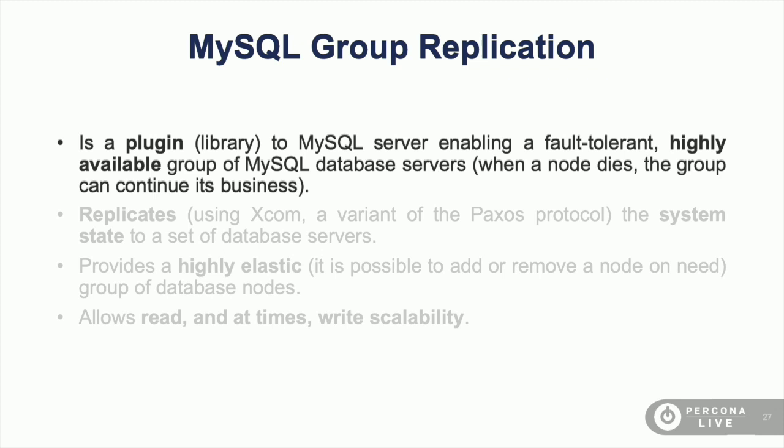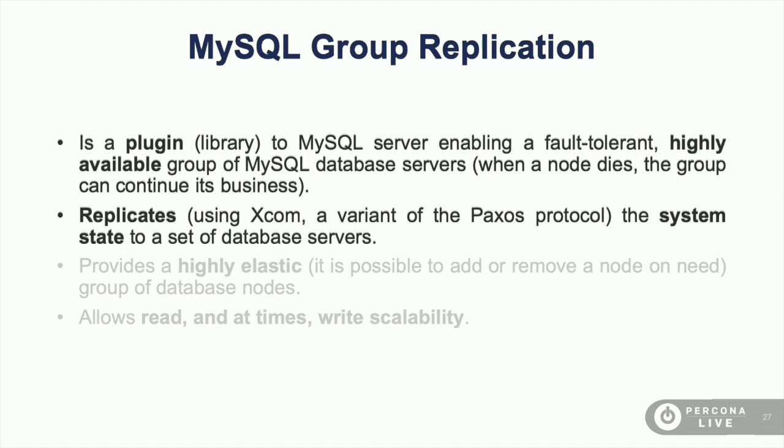The MySQL group replication is the engine, the core, that consists of a group of redundant nodes that allow high availability. From a server perspective, it's a plugin, it's a library, and is always capable of maintaining high availability of redundant nodes.